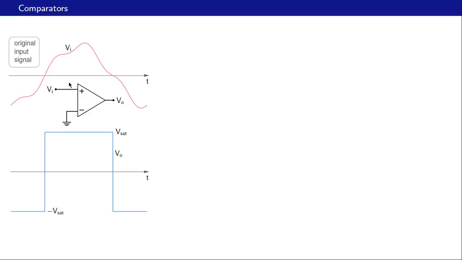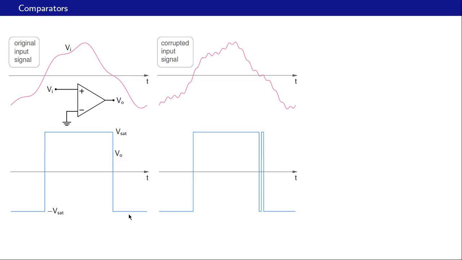When Vi is positive, we expect the output to be plus Vsat, and when Vi is negative, we expect the output to be minus Vsat, here as well as here. What happens in practice is that the input signal is not always clean. There could be some noise or electromagnetic pickup riding on it, and therefore the original signal might get corrupted and might look like this, for example.